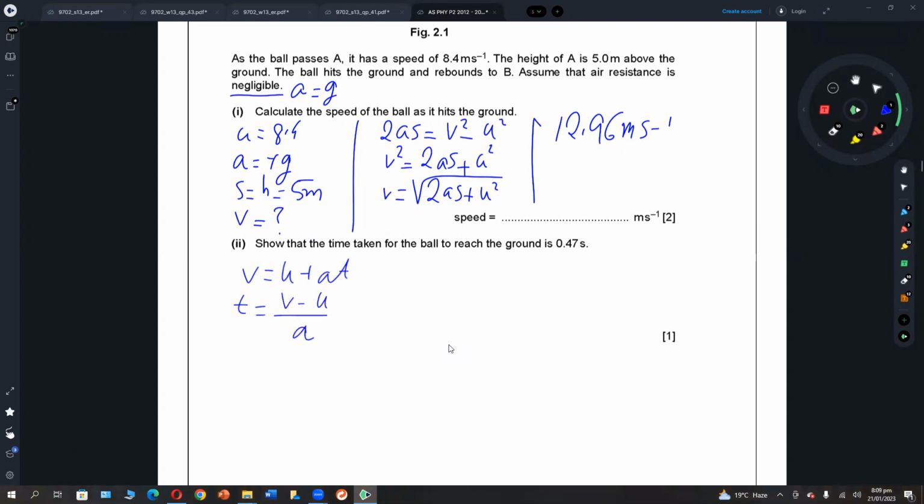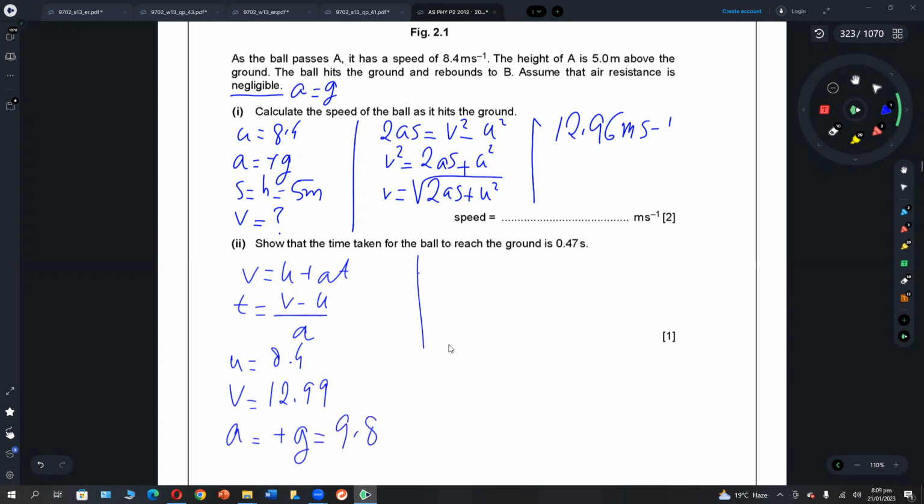We have all the values in hand. u is equal to 8.4, v is equal to 12.99, a is equal to plus g, which is 9.8, and we need to find time.